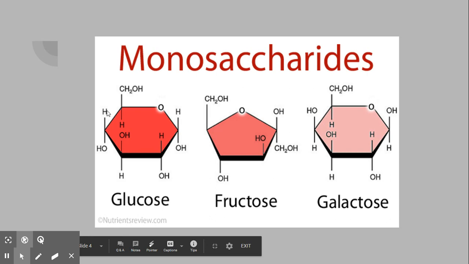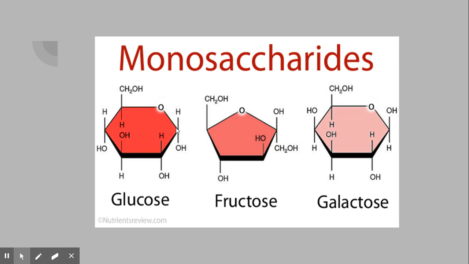But if you notice, on glucose, the hydrogen is above this carbon and the OH is below. Whereas on galactose, the OH is above this carbon and the H is below. Subtle difference, but it makes a difference in how those monosaccharides form polymers, the bonds that they form.